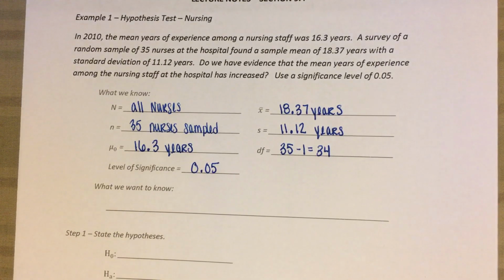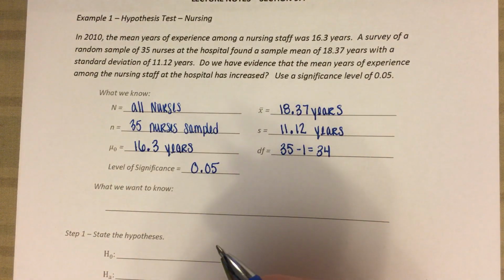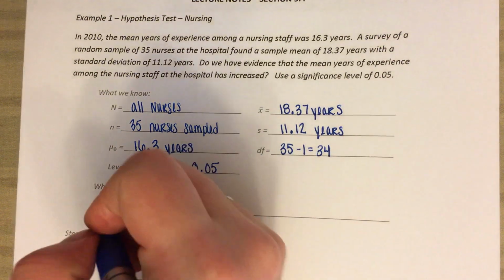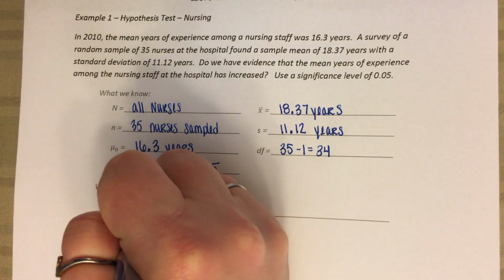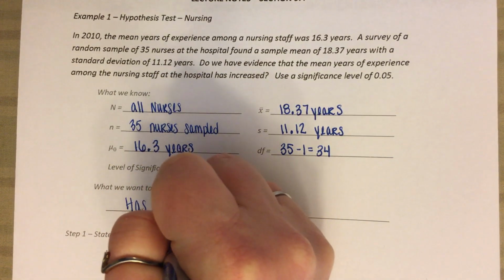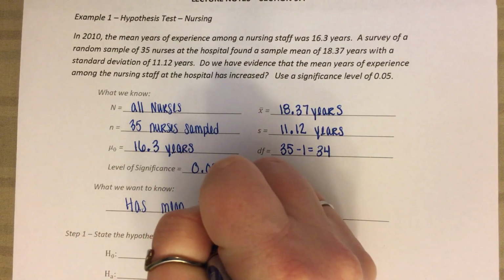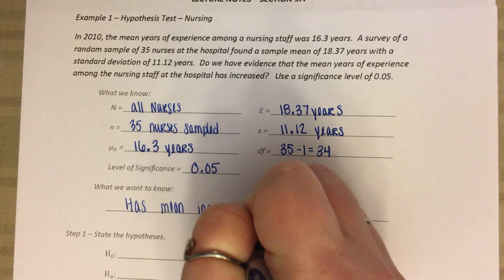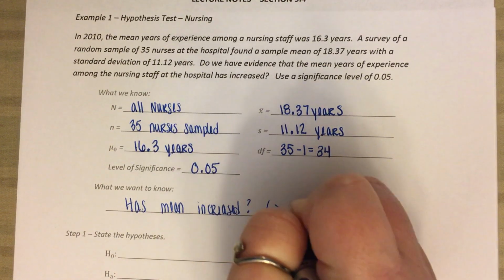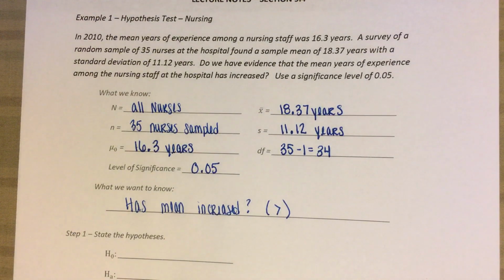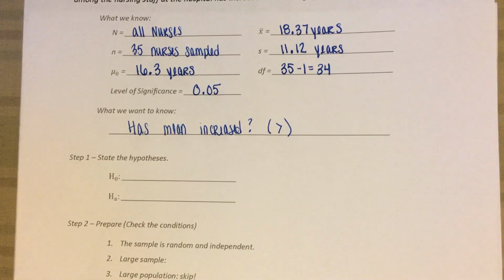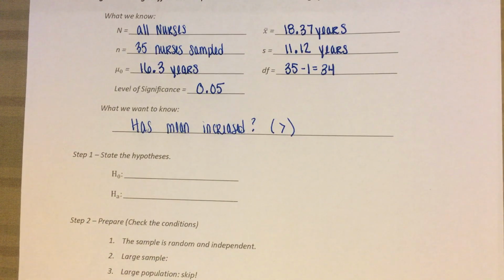All right, what we want to know: do we have evidence that the mean years of experience among the nursing staff at the hospital has increased? So we're going to say, has the mean increased? Increased meaning we're going to use a greater than symbol. Then we're going to start our hypotheses.